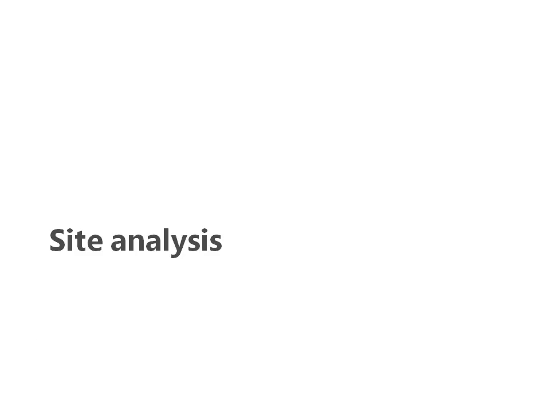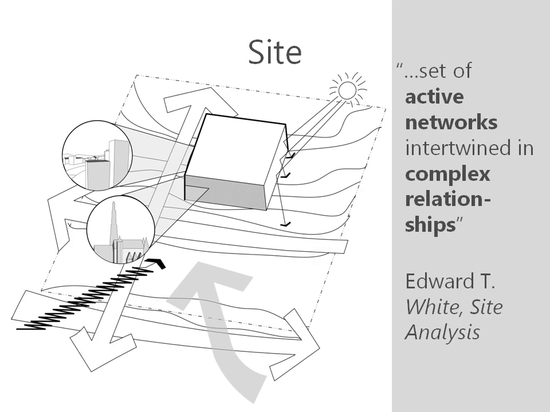So let's start by looking closely at site analysis. Site analysis sees a site, any site, any building site, as a set of networks, active networks intertwined in complex relationships. What does this mean? Well, you have a lot of forces acting on the site.